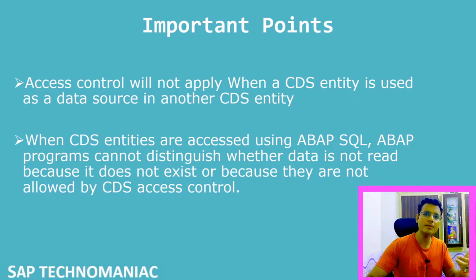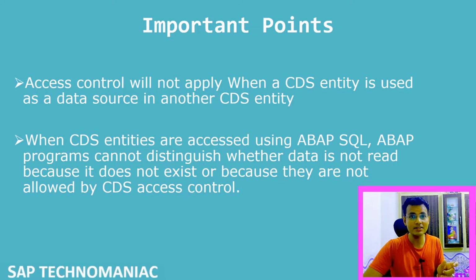The select will fail to return data, but you will not know whether that is because there is no data in the database or because you don't have access to that data. You will not be able to distinguish between them. You will just not get the data. That is another important thing.